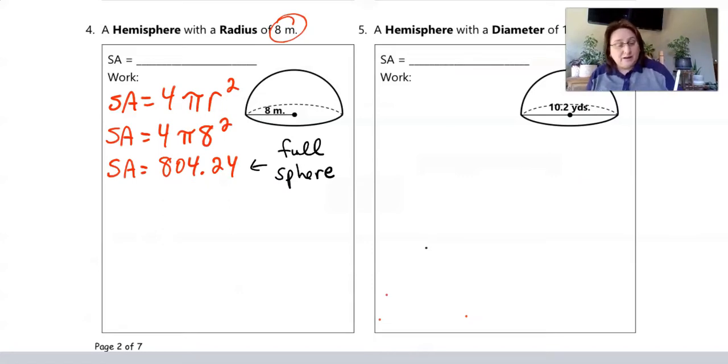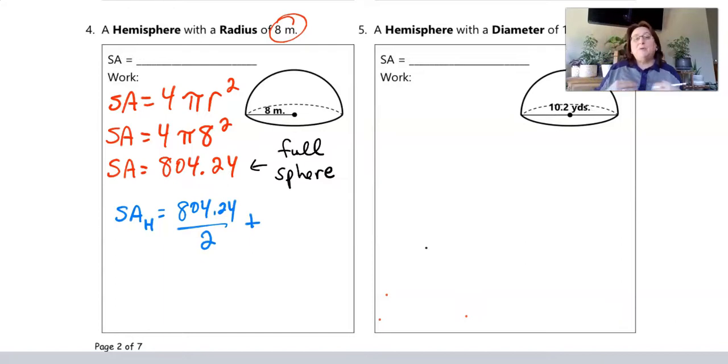So we said we want half of the whole sphere. So for the surface area, and I'm going to put an H right here for the hemisphere, we would take 804.24 and divide it by 2. But then we said we were going to add in the area of the circle. So we need to add in a pi r squared.